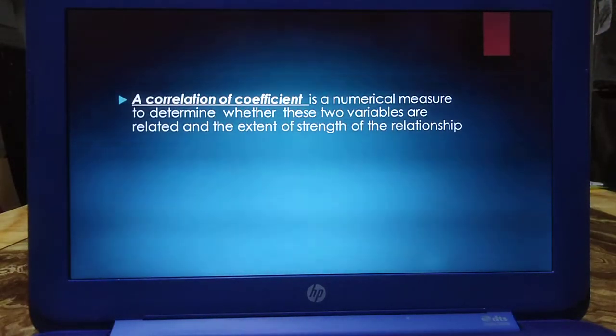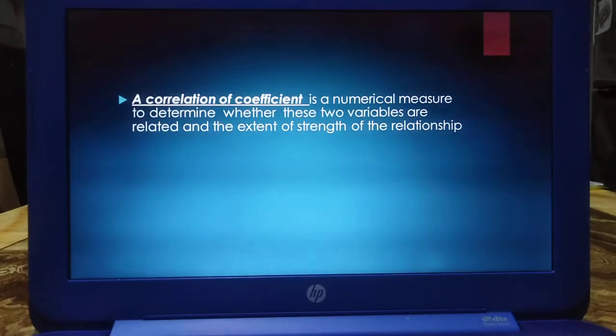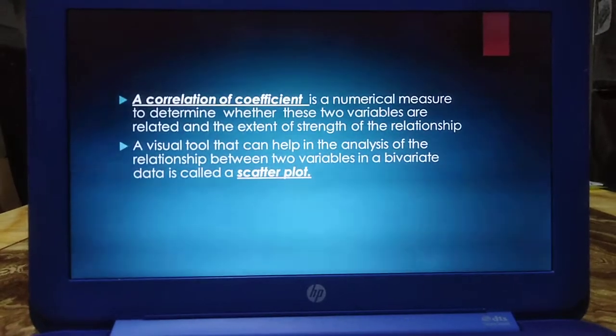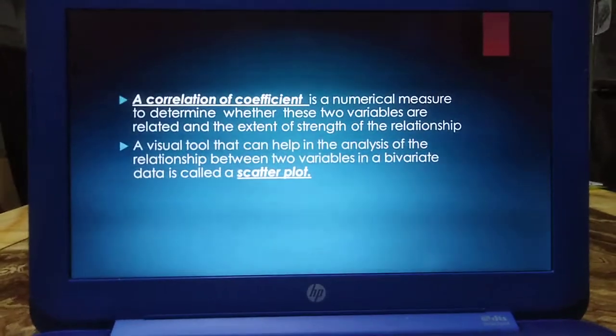So a correlation coefficient is a numerical measure to determine whether these two variables are related and the extent of the strength of the relationship. We would like to know if there is a strong relationship between the two. Now, a visual tool that can help in the analysis of the relationship between the two variables in bivariate data is called a scatter plot.